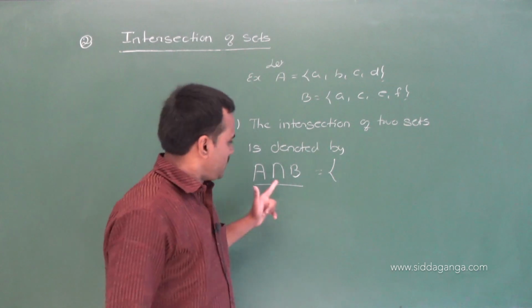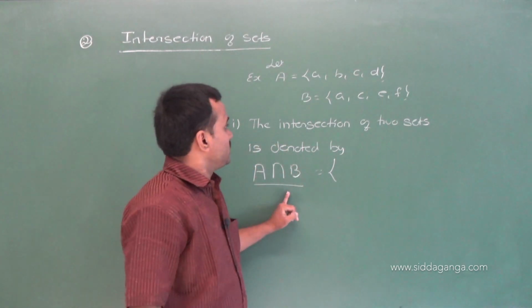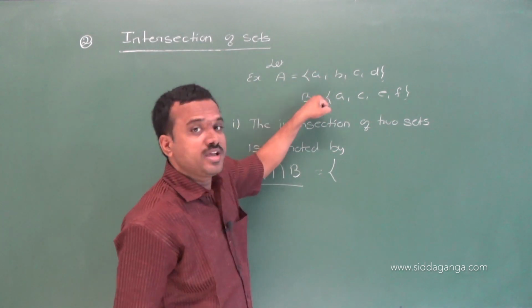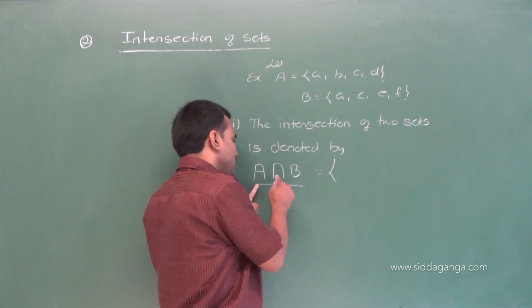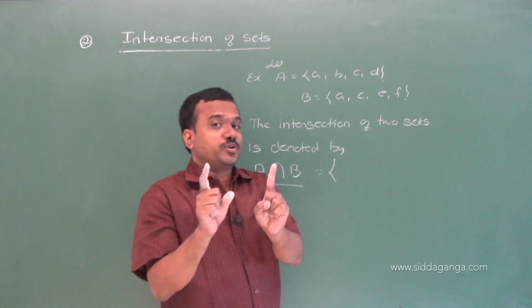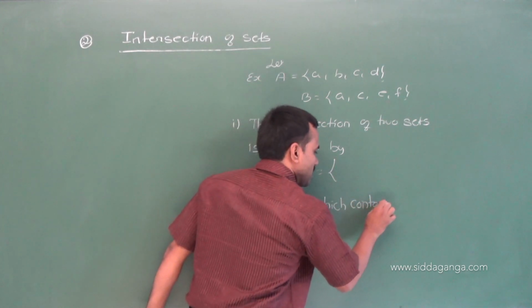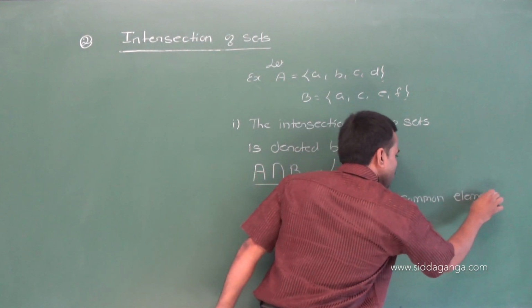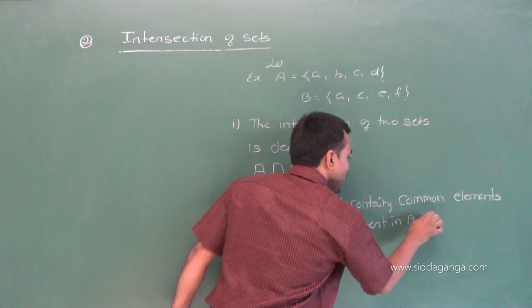A intersection B is also a set which contains the common elements present in A and B.